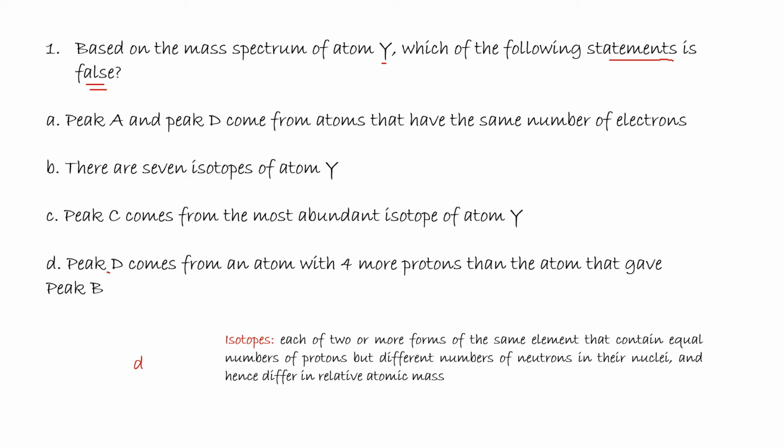Peak D comes from an atom with 4 different protons than the atom that gave peak B. This is wrong, because they are isotopes, and isotopes differ in the number of neutrons. So the correct answer will be D.